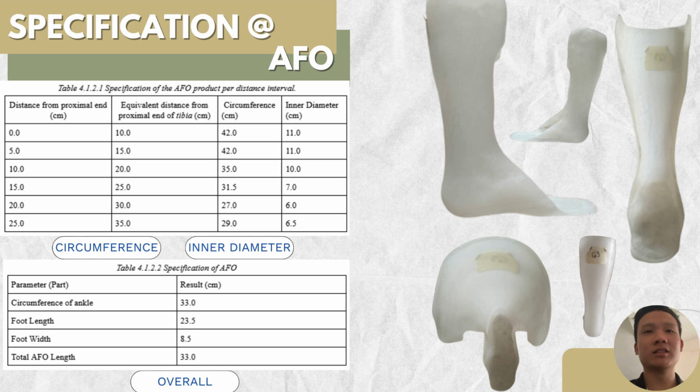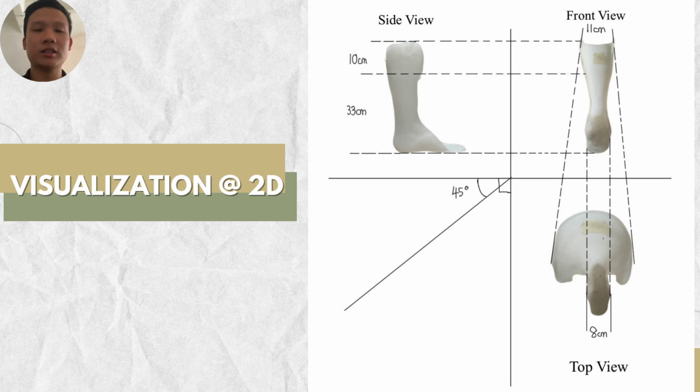The total AFO length is around 33 cm, and this will not limit the range of movement, the ROM, of the model's knee. On this slide, I attached the engineering drawing in 2 dimensions to show the model of our AFO product.